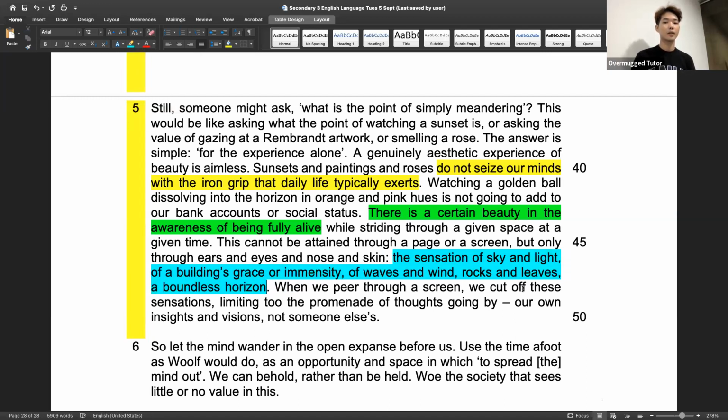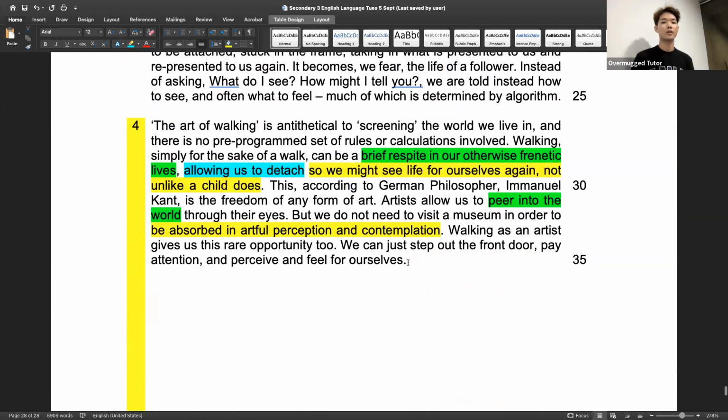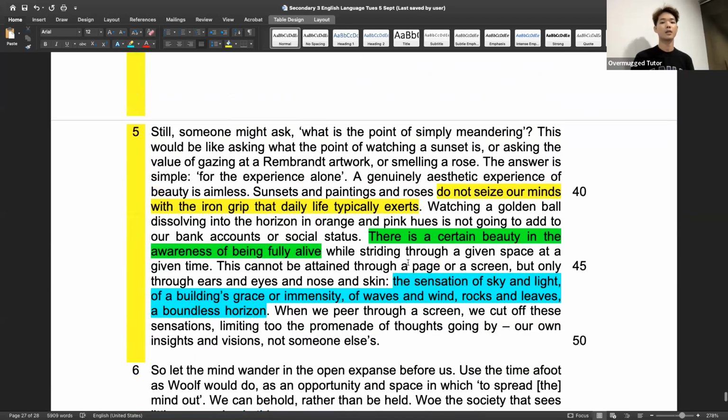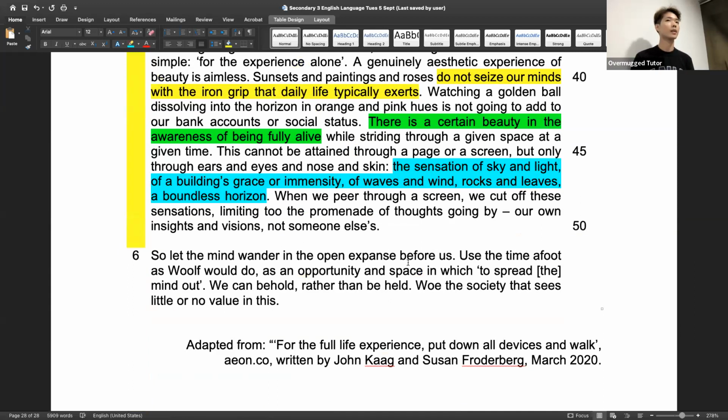When we go through a screen, we cut off these sensations. So it enables you to feel all these sensations. This is very tricky because you cannot start listing the sensation of sky and light, of building grace, so you must go and paraphrase it as well. So these are all the points: 1, 2, 3, 4, 5, 6, 7, 8. Yes, correct. Okay. Anyone else has any other points they want to clarify?